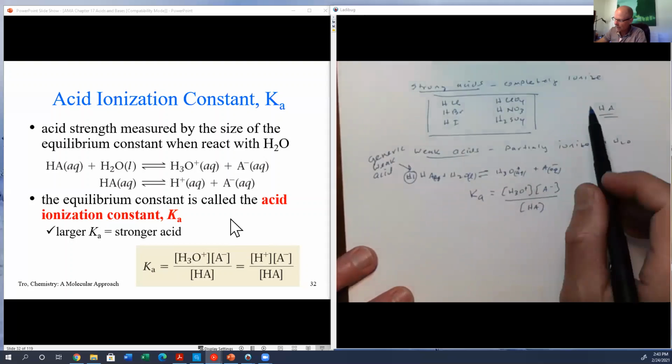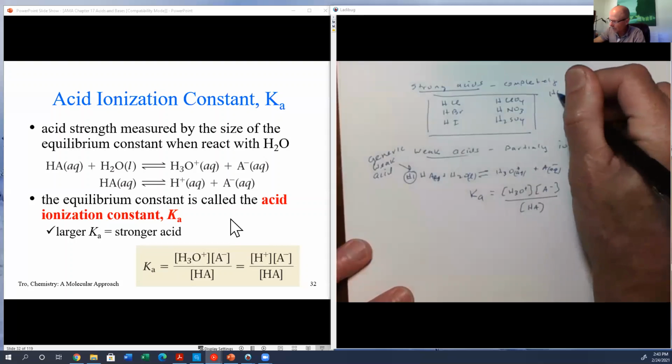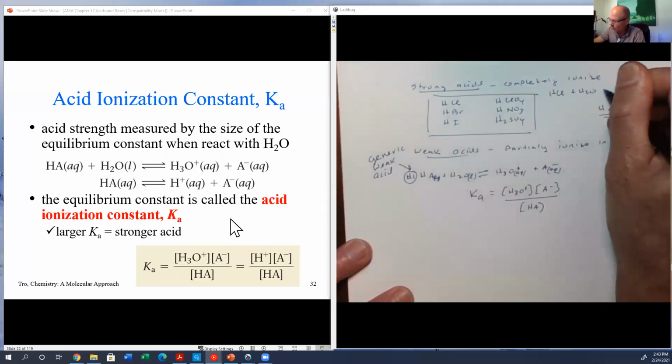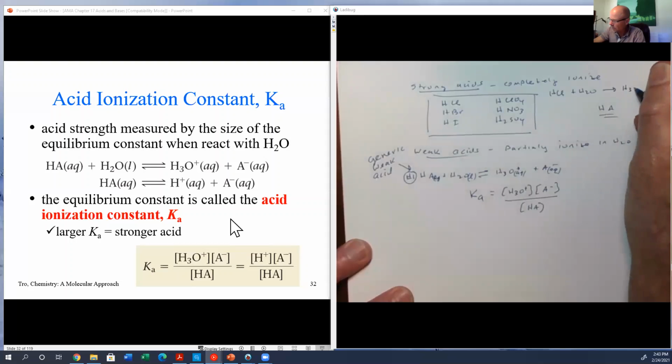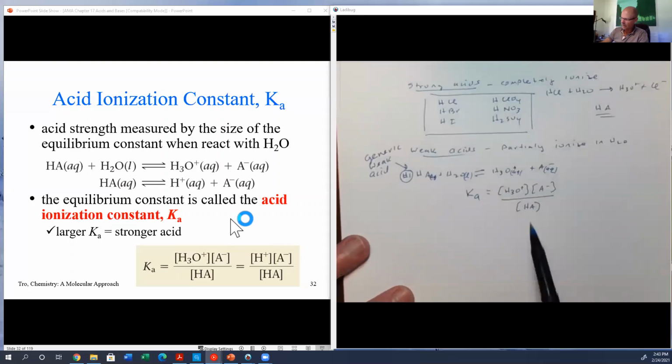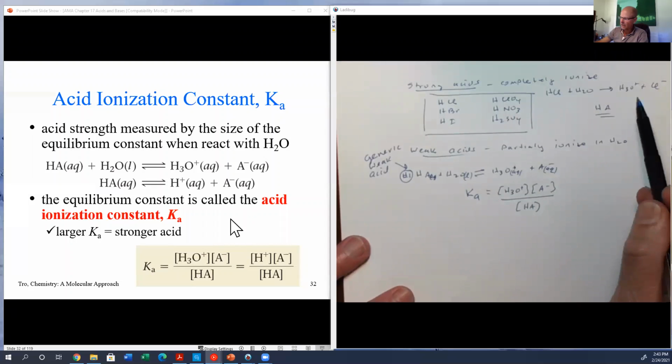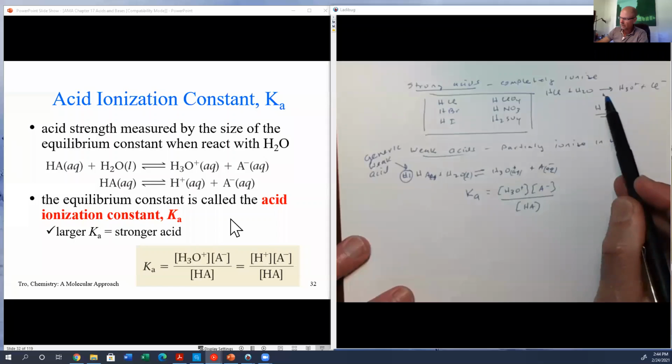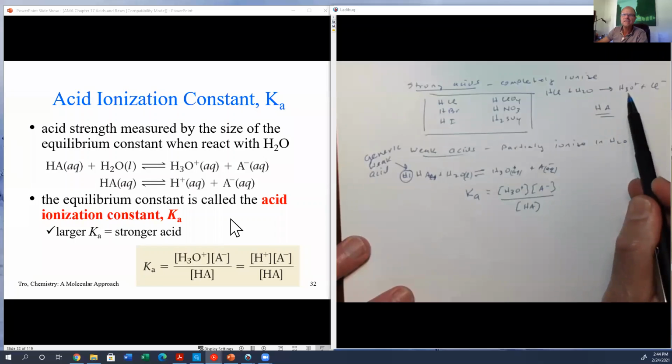For strong acids, for example HCl, we can write the same generic equation. But for HCl, this forward arrow tells you that it goes to completion. So K is some huge number that we don't even have to worry about because it goes all the way to the right.